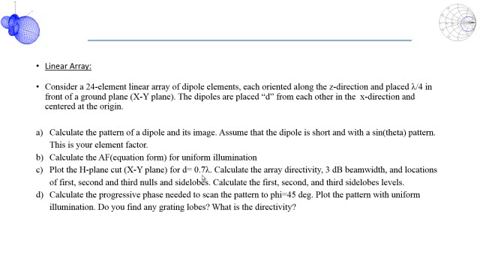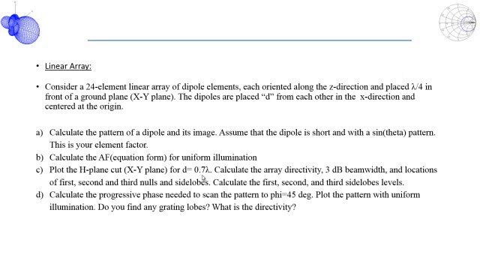The distance between each element on the array of 24 dipoles is 0.7 lambda. You're gonna calculate the directivity, the 3 dB beam width, and the locations of the first, second, and third nulls, and the side lobes.